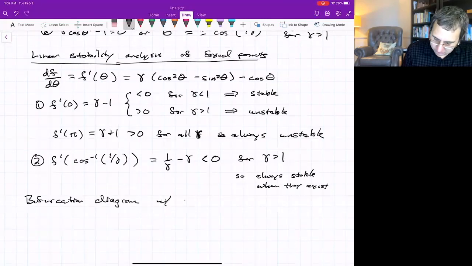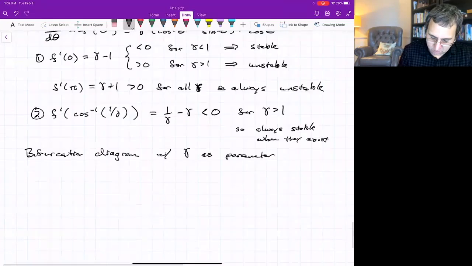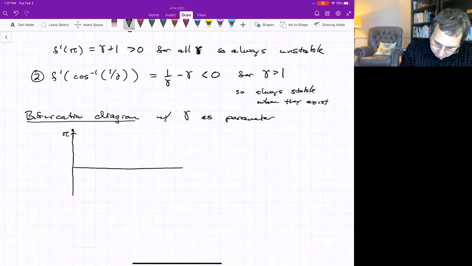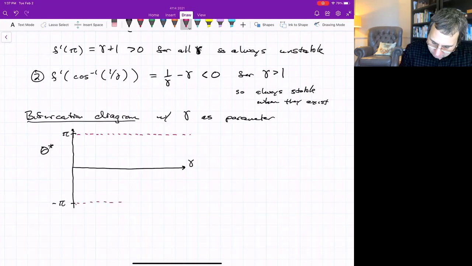Bifurcation diagram with gamma as parameter. And if we summarize this, that's pi. That's not theta, this is gamma, the bifurcation parameter. This is the location of fixed points. So we could plot plus or minus pi, it's the same the whole time. It's always unstable.